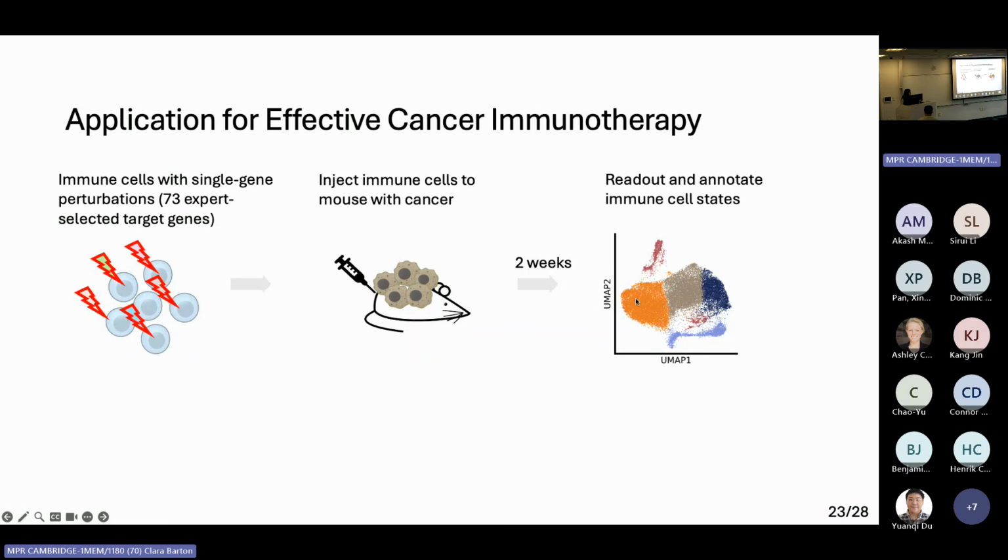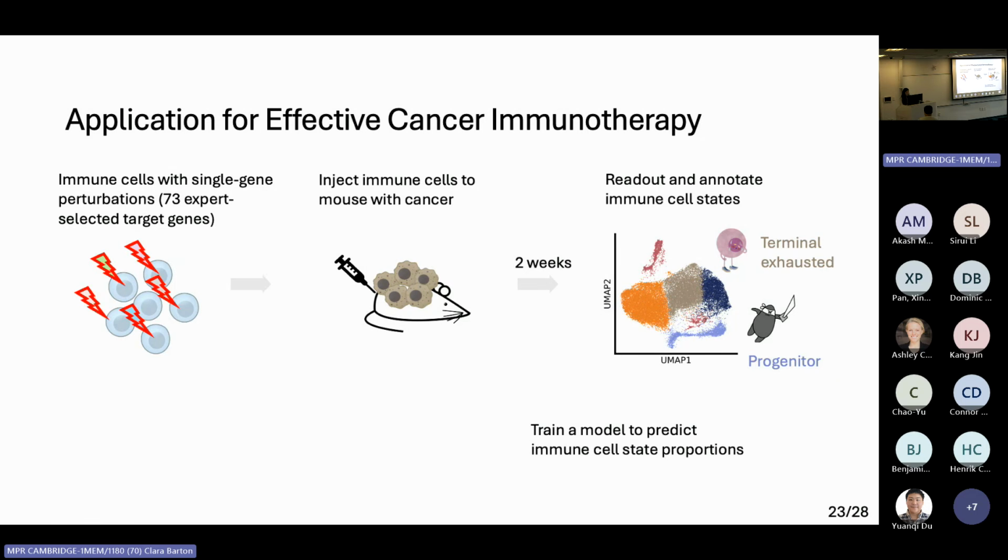And after reading out the effect, we also annotate the cell states of those cells. And you can see 5 different colors here. Some of them correspond to progenitor states, which have stronger cancer killing capability, and there is also the terminal exhausted state. These are still single cells, and you can imagine that each one of those 73 single gene perturbations is going to be a subset of the single cells, with various different proportions lying in those different cell states.